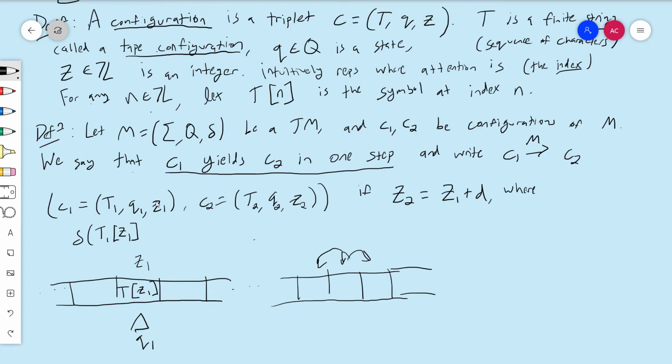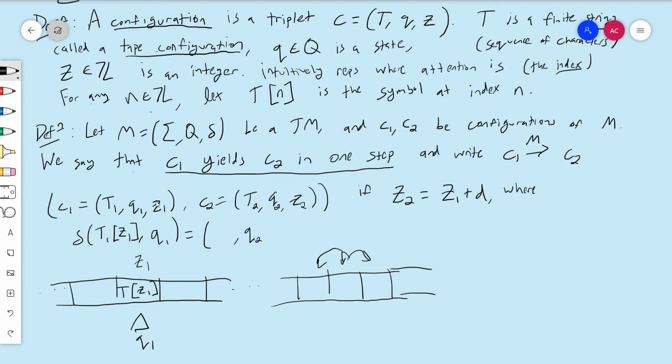I have a symbol that I'm looking at, and I'm in a state. The transition function is going to take the symbol that I'm looking at and the state Q1 and spit out three things. Remember, it's going to be a new symbol, sigma 2. I'll leave that empty for now, but it's also going to give me a new state, Q2.